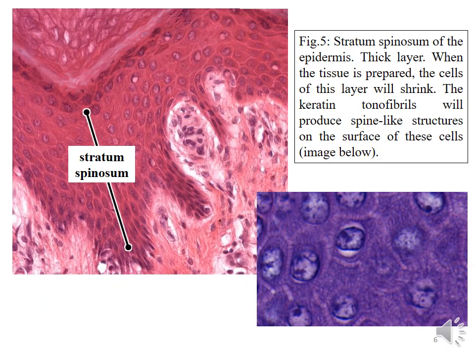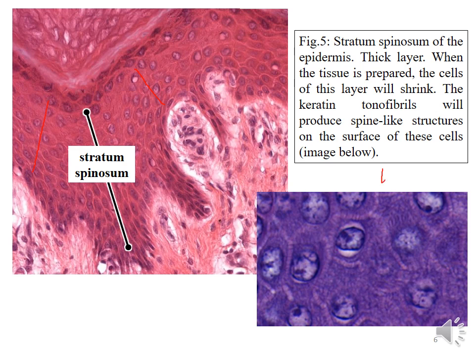The second layer is the stratum spinosum. Stratum spinosum is formed of several sublayers. It is usually thick, and it is thicker in thick skin. When we prepare the tissue for histological study, the cell cytoplasm will shrink and the tonofibrils will produce the spine-like structures on the surface of the cell.